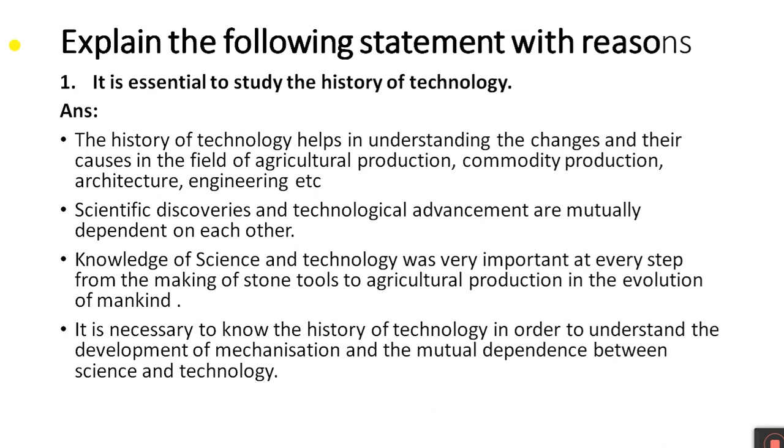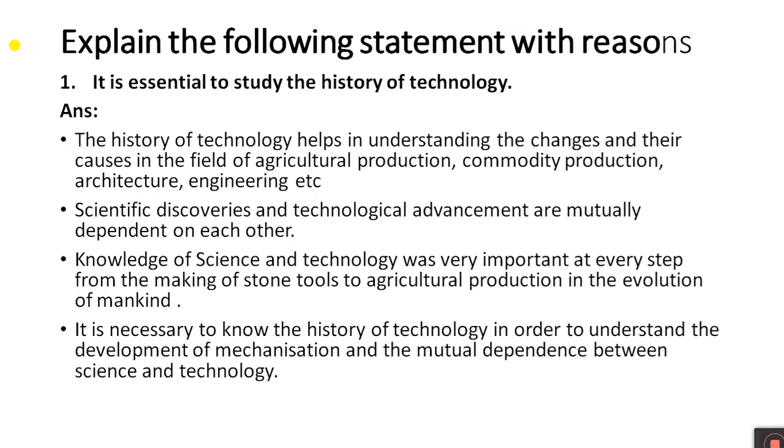Explain the following statement with reason. First question. It is essential to study the history of technology. Answer. The history of technology helps in understanding the changes and their causes in the field of agricultural production, commodity production, architecture, engineering, etc. Scientific discoveries and technological advancement are mutually dependent on each other.